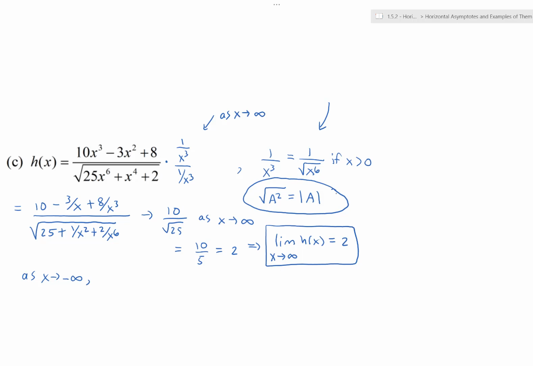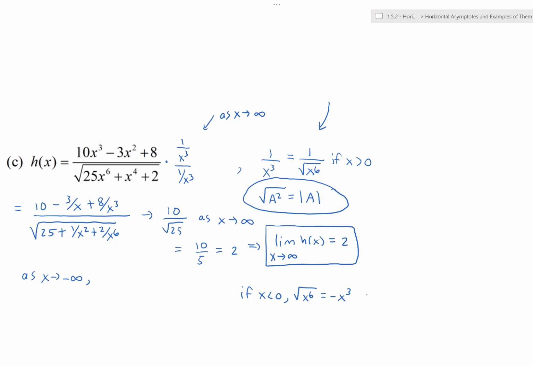So in this case, if x is negative, then the square root of x to the 6 is actually going to be negative x cubed, because a negative x quantity cubed is negative, and its negative is a positive. And thus, everything will be exactly the same as we wrote above.